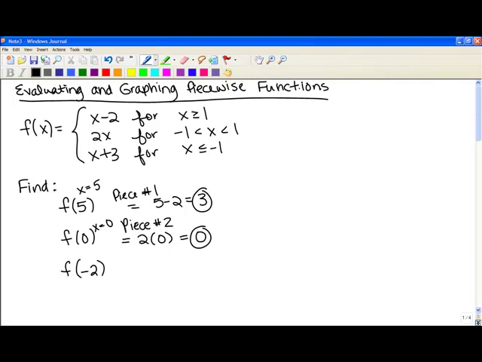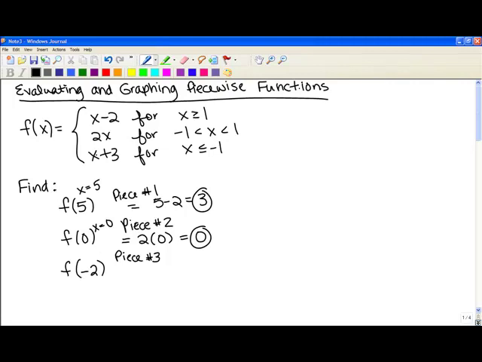And now let's look at the last, f of -2. So looking through these pieces, I know that -2 is less than -1. Since -2 is smaller than -1, it was less. So we'll use piece number 3.